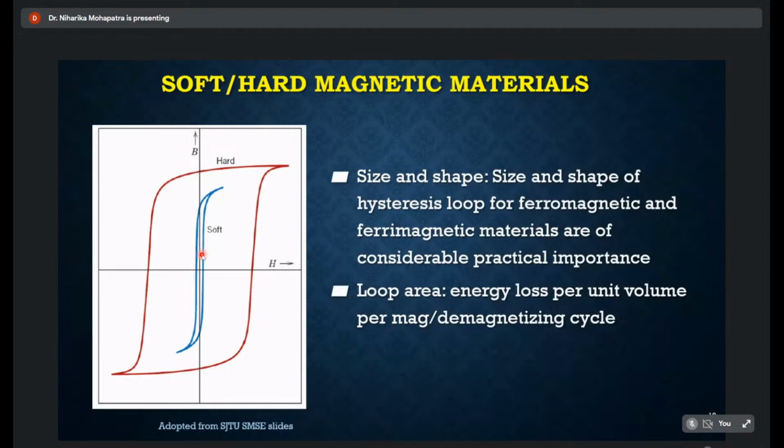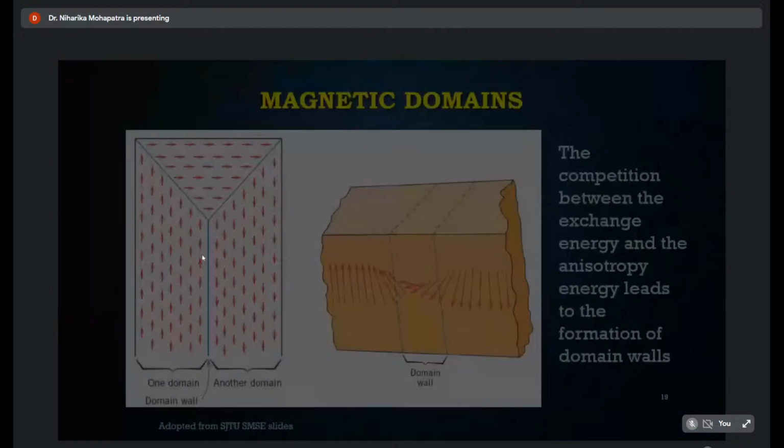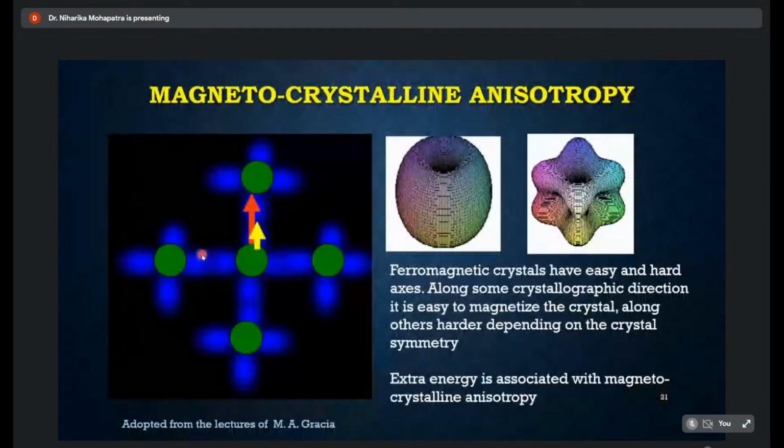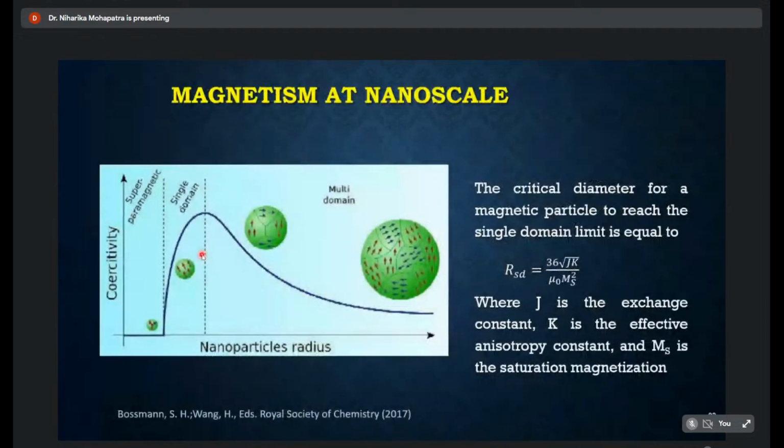So these are all kind of basic properties. Now I will take you to something else: for ferromagnets, what will happen if we reduce the size of the material? So basically, we'll try to understand the magnetic property at nanoscale. At nanoscale means, suppose you have a ferromagnetic material, we try to reduce the size of this material.